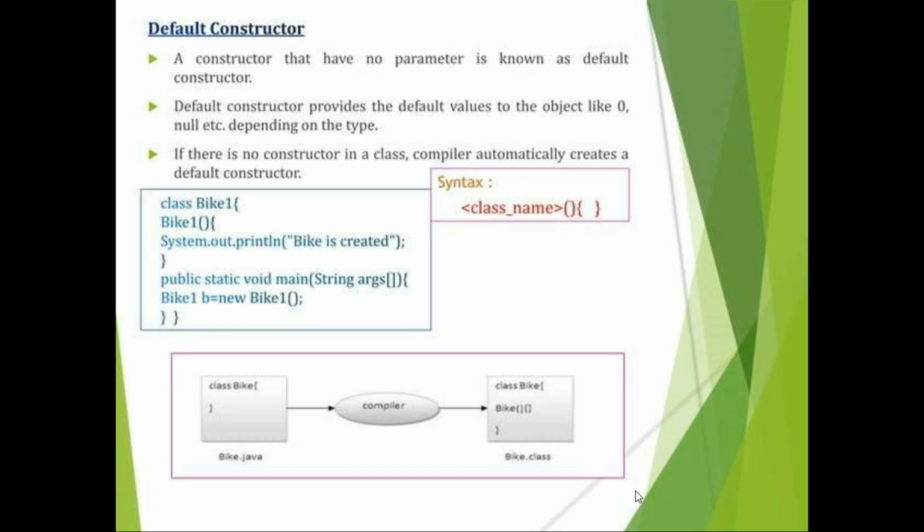If there is no constructor in a class, the compiler automatically creates a default constructor. If you do not create any constructor in your class, the compiler will automatically create a constructor as a default constructor. What is the syntax of a default constructor?